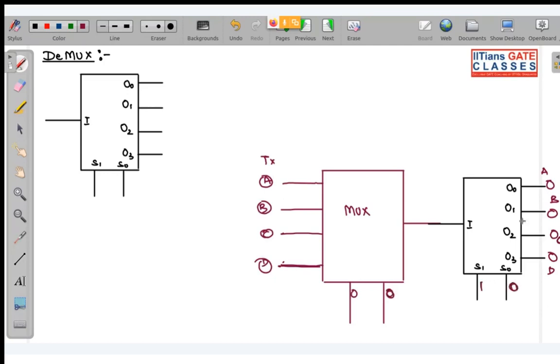Now you can see, for connecting any one of the transmitters to the 4 receivers one at a time, I am requiring just 1 kilometer length of wire.